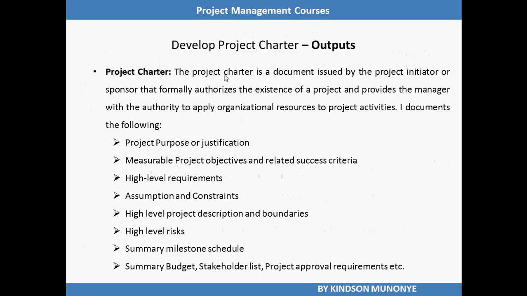The project charter contains important information like the purpose of the project, the measurable project objectives and related success criteria, high-level requirements, assumptions and constraints, high-level project description, boundaries, high-level risks, summary milestones, summary budget, stakeholder list, project approval requirements, etc. So the project charter gathers everything required for the project to start.